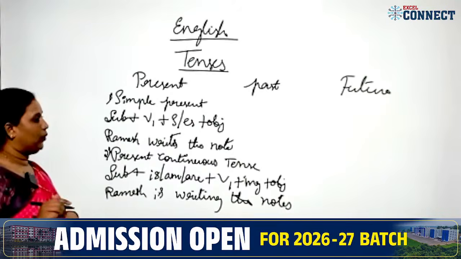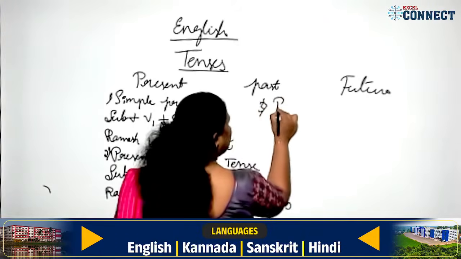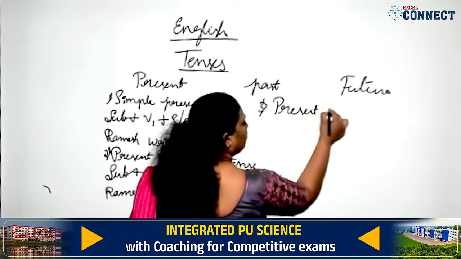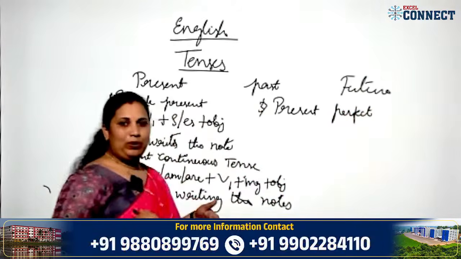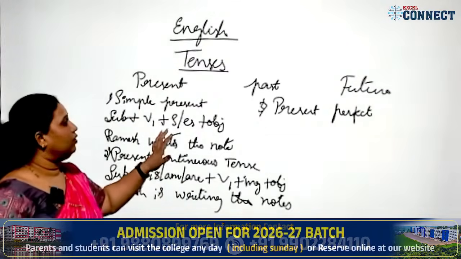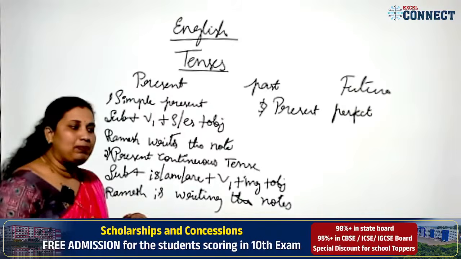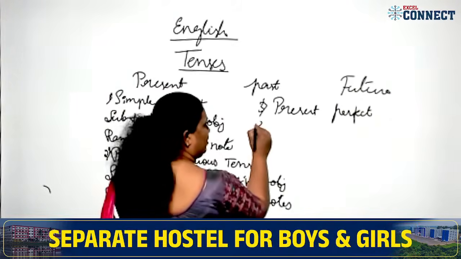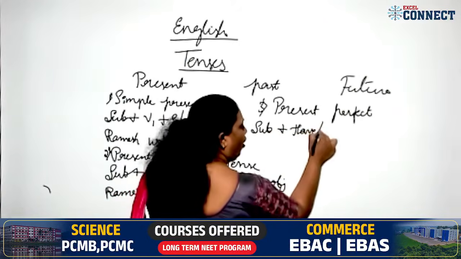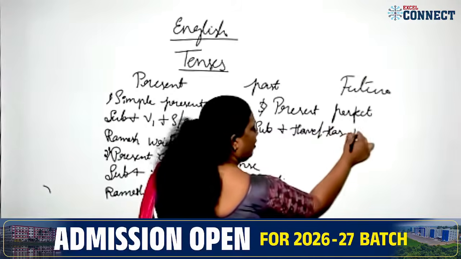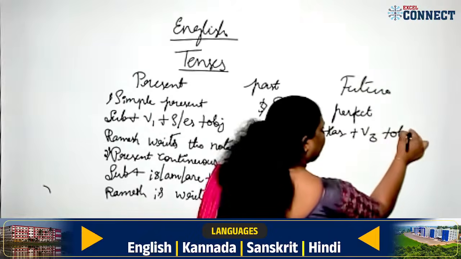The third one is present perfect. In present perfect tense, as we know, the action already started and the action is completed in the present. So subject plus have or has plus V3 plus object.